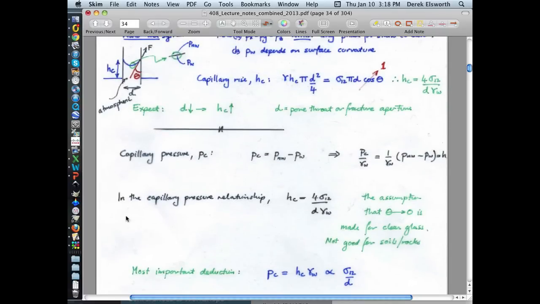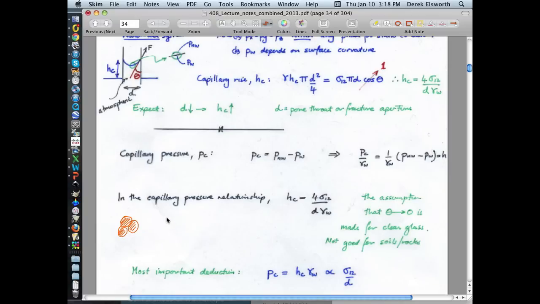What we'd like to do is we're going to take a porous medium, and this porous medium happens to have a whole bunch of solid grains in it. And these solid grains describe a pore.